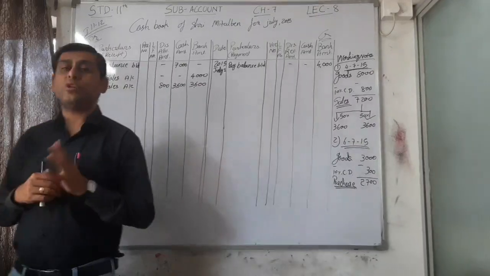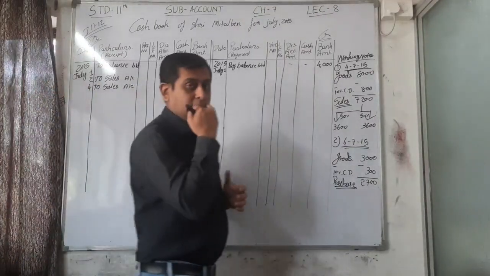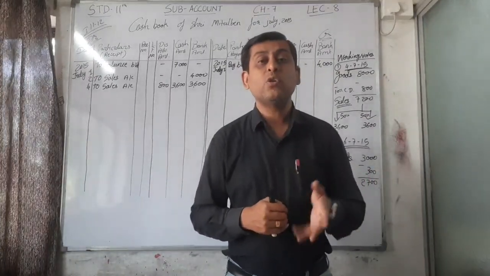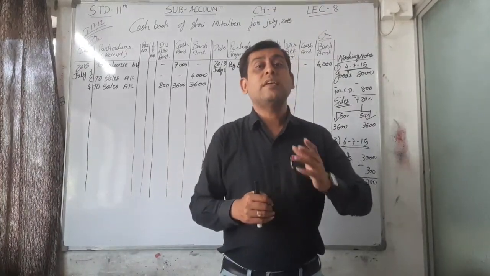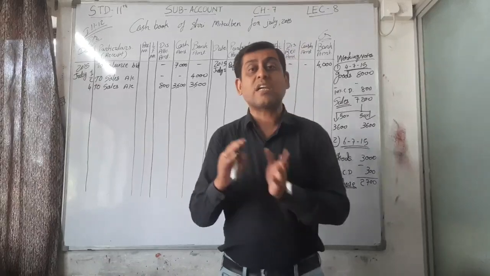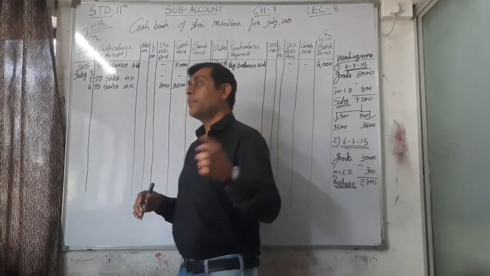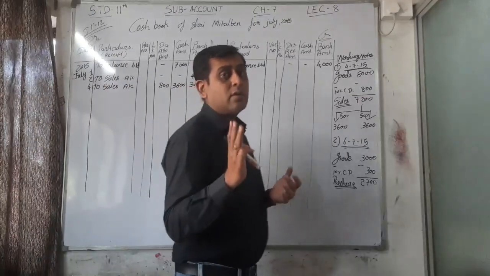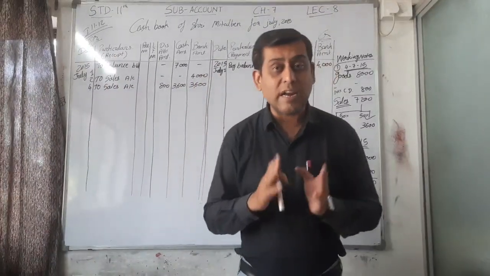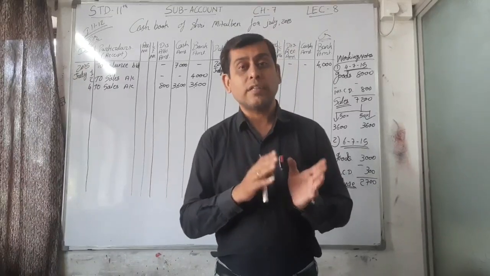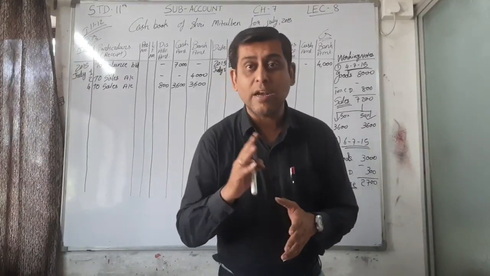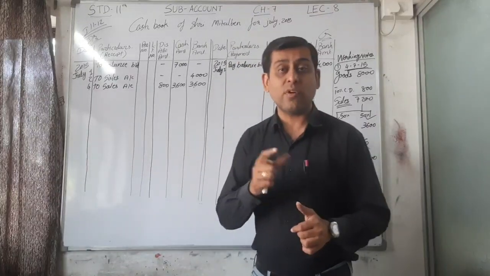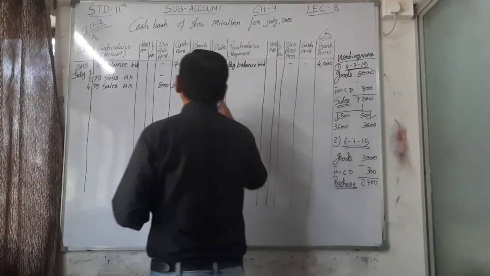Purchase account debit 3000 to cash account 2700 and to discount account. Here discount received, that's why discount is credited. So the entry is purchase account debit with 3000, to discount account 300 and to cash account 2700, and it's a payment, that's why we have to record on the credit side.